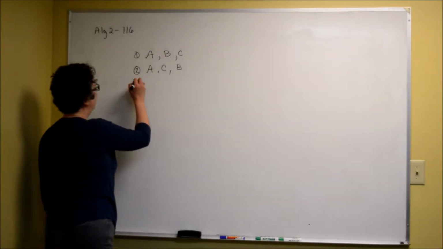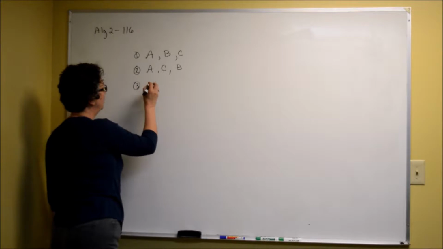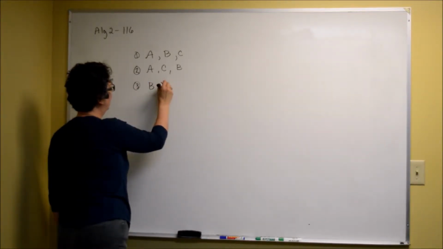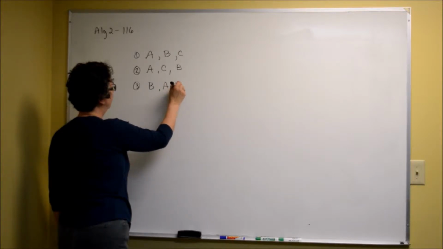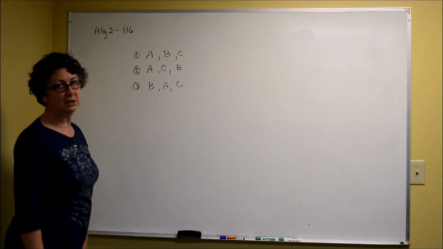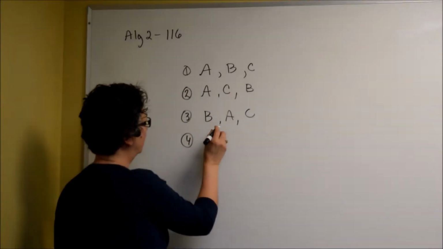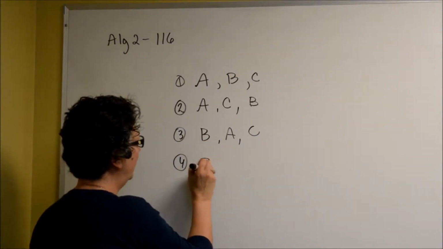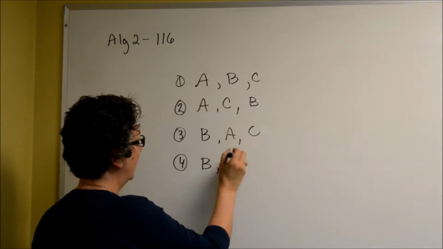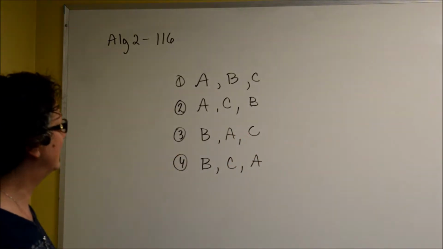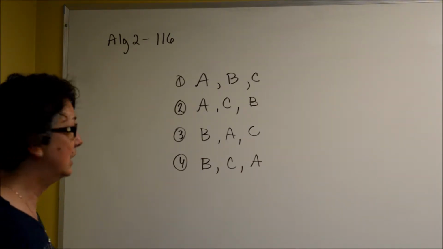The third way I'm going to choose to be when I take the A and B and swap them. So now I have the B in the first position and then A and C. And the fourth way is going to be when the B is in the first position and then I swap the A and C. So I got four ways now, but we're not done.